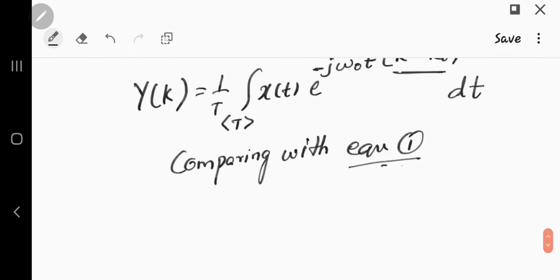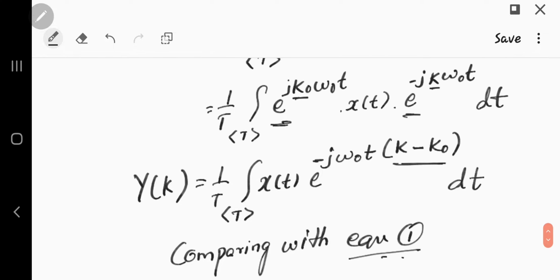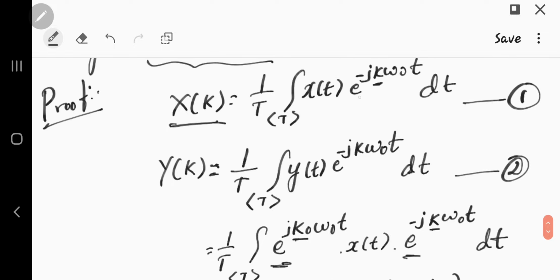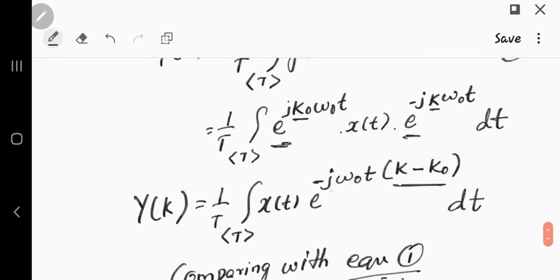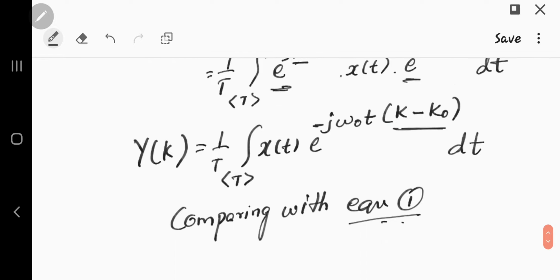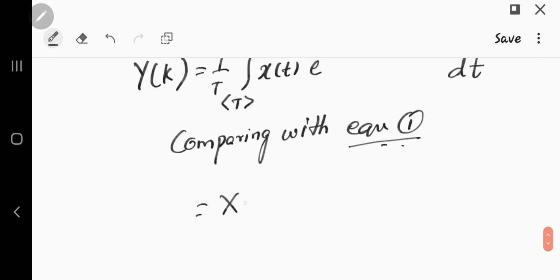In the same way, if you get e power minus j omega naught t (k minus k naught), then it will be the time shifted version of that in frequency domain. So that is x of k minus k naught.